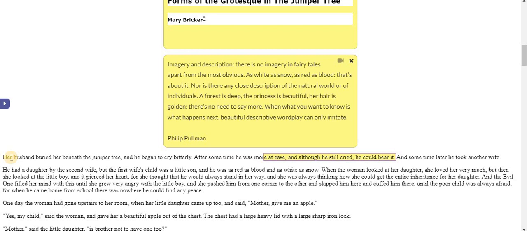So her husband buried her beneath the juniper tree, and he began to cry bitterly. After some time, he was more at ease, and although he still cried, he could bear it. That indicates a kind of indifference on the part of her husband.